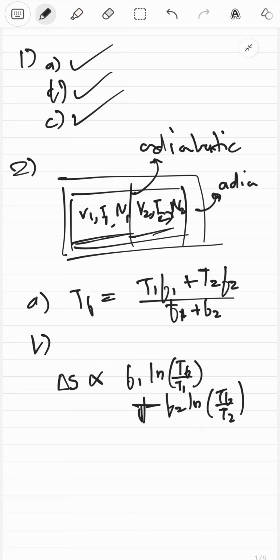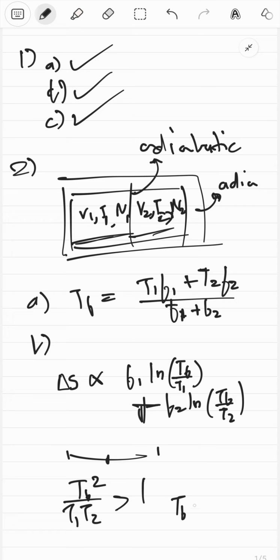Since T1 and T2 are different, your TF will obviously be somewhere in between. For this to be positive, what we essentially want is the natural log of that to be positive, which is to say that TF squared upon T1 T2 should be bigger than 1.